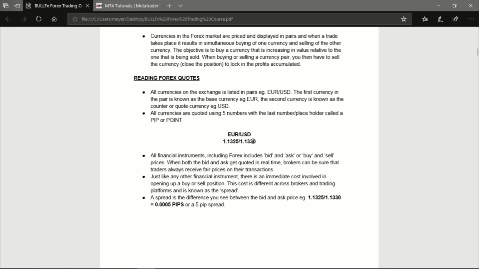For you to enter this trade at the current market price, the broker will be charging you 5 pips, and that is how the broker makes their money. Once you open up a trade, the trade will already be in a minus value because of the cost that you have incurred for opening up the trade with a broker.